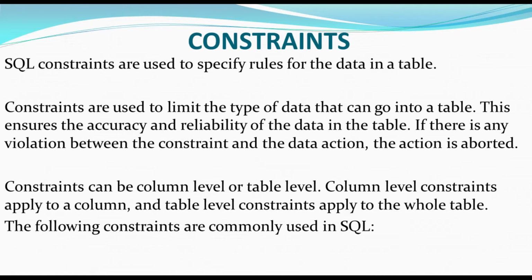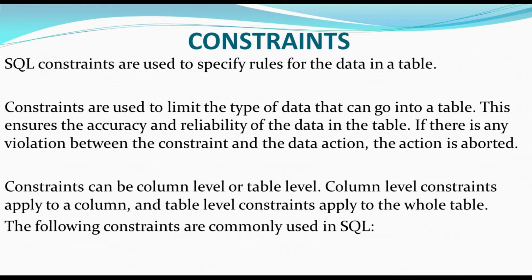So if there is any violation between the constraints and the data action, the action is aborted. For instance, if I set, we'll talk about it, a primary key and a foreign key which links tables together, you can decide that when you delete a record from the child table, the system should abort it because there has been a link, or there has been a foreign key constraint in the child table.